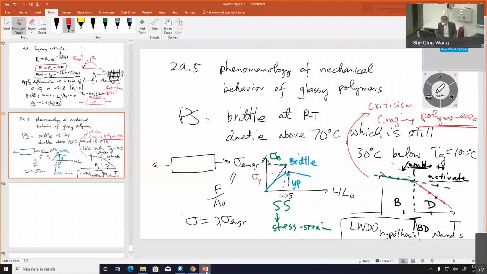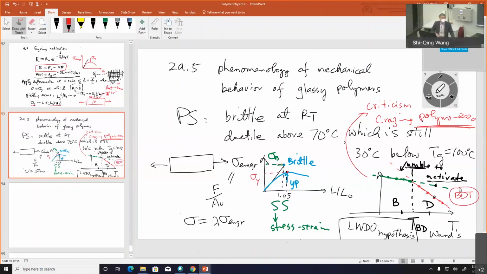In other words, what influences this brittle-ductile transition? So as usual, before you understand why, you better know how it happened first, by doing something that is related to what you do.